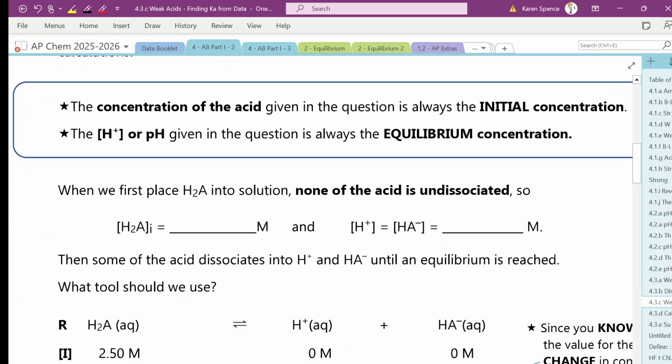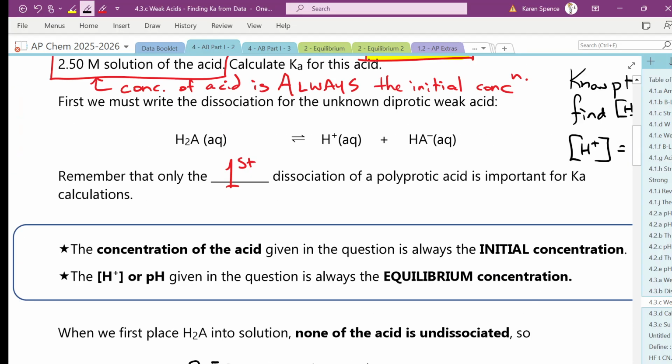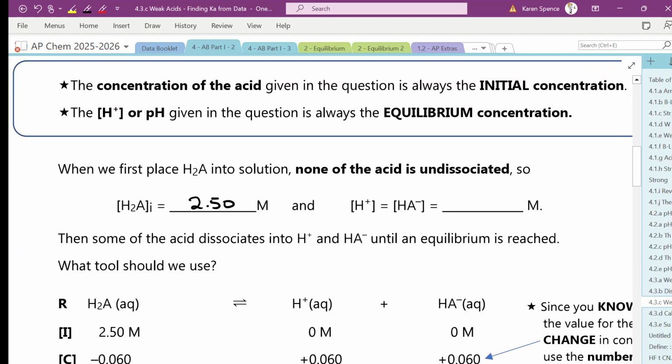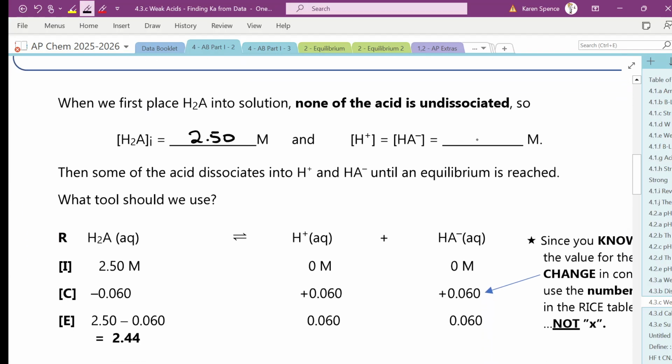So when we first place H2A into the solution, none of the acid is dissociated, so the concentration of H2A undissociated is 2.50 molar. And is that what I actually wrote there? It is. That's convenient. And hydrogen and HA equals 0. So we've got 2.50, we've got 0, we've got 0.